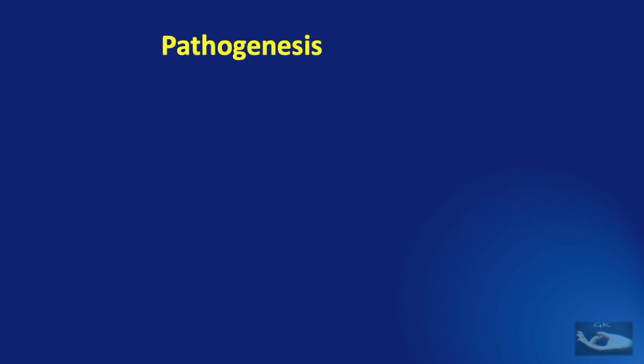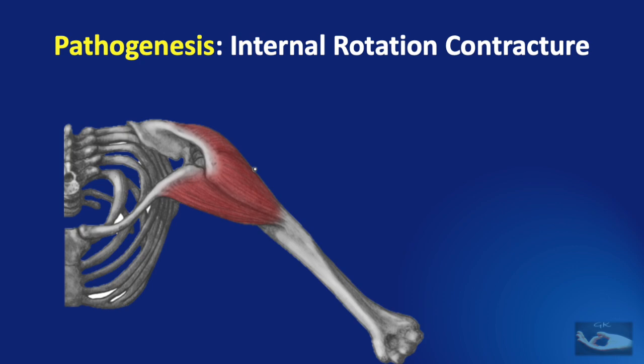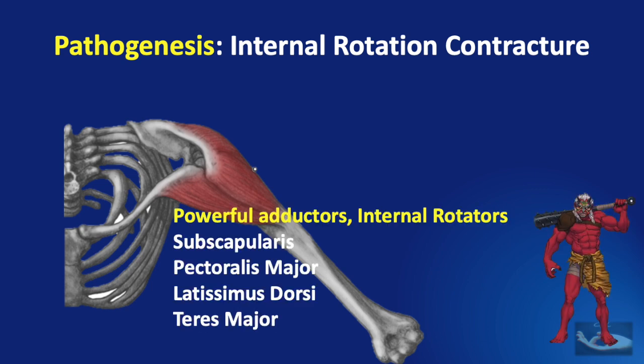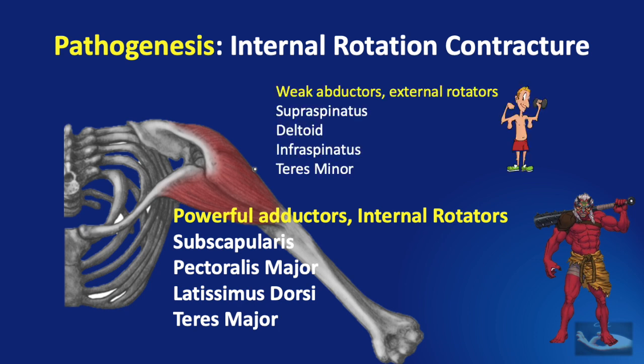The pathogenesis of internal rotation contracture is a consequence of the weakness of one group of muscles. The adductors and internal rotators, the subscapularis, pectoralis major, latissimus dorsi and teres major, are powerful, while the abductors like the supraspinatus and deltoid and the external rotators like the infraspinatus and teres minor are weak.